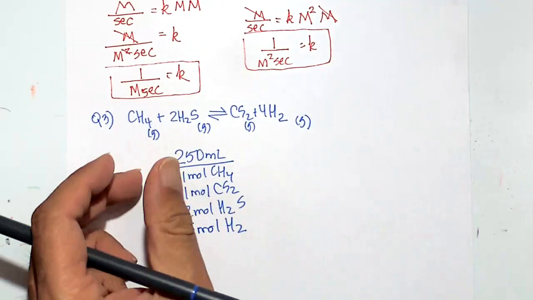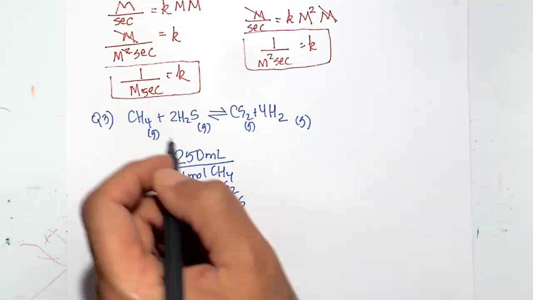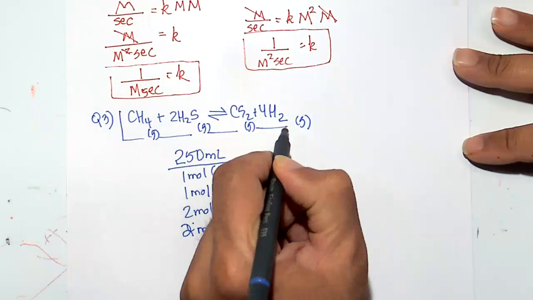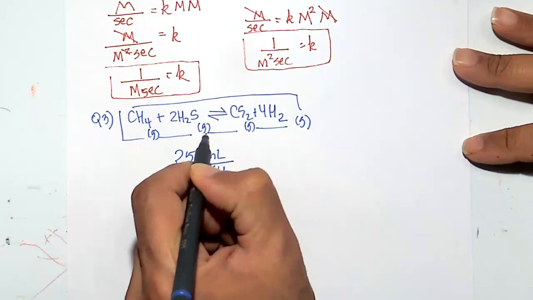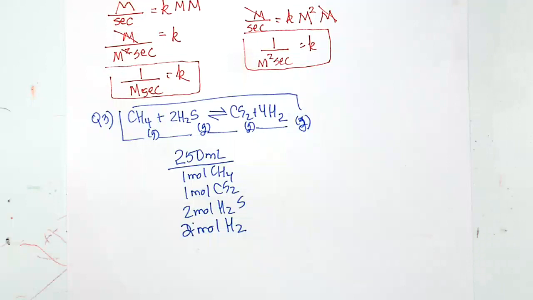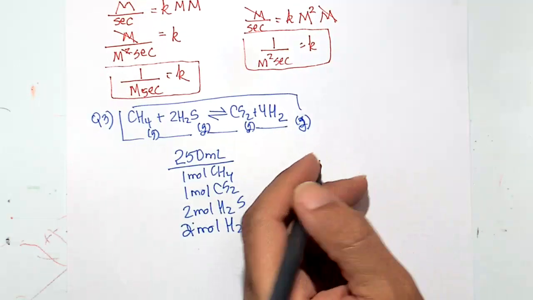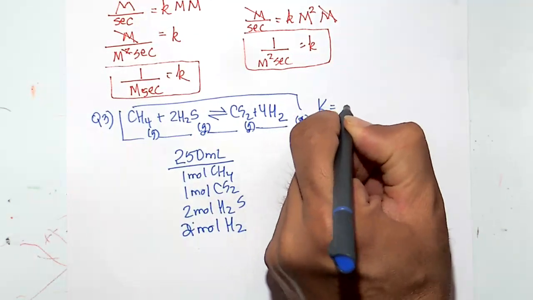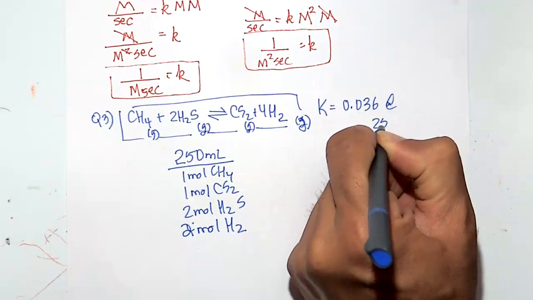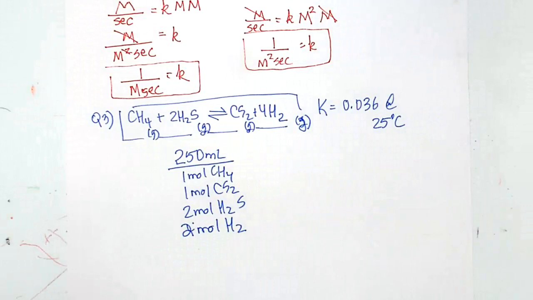These are all gases. They're occupying this volume, and I have this many moles of that. And here's our balanced chemical equation. These are all gases. Okay. And I tell you the K for this reaction is 0.036 at some temperature, 25 degrees.